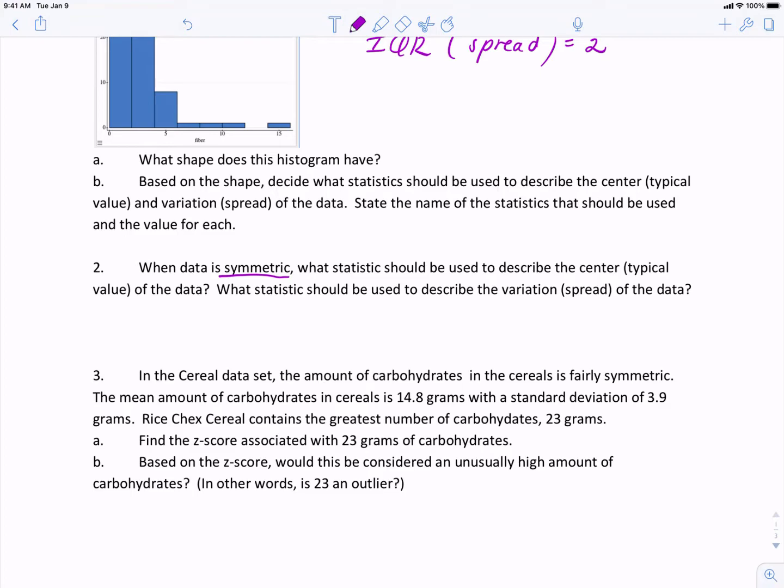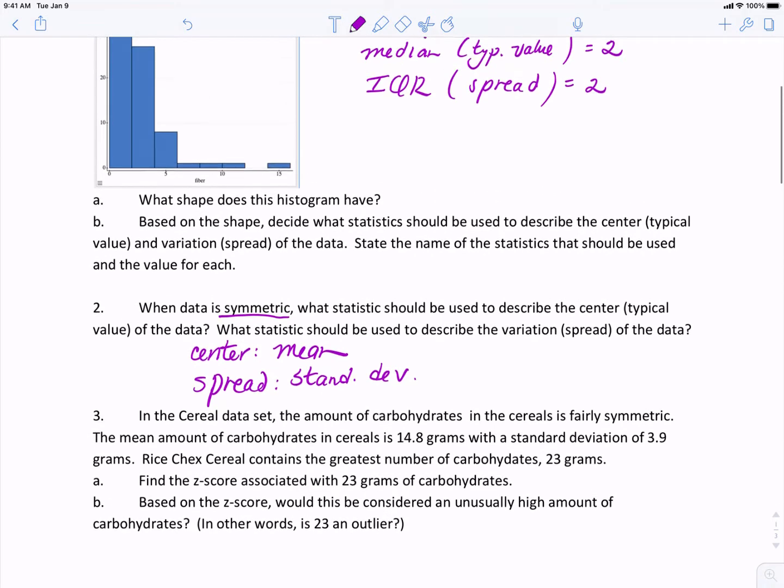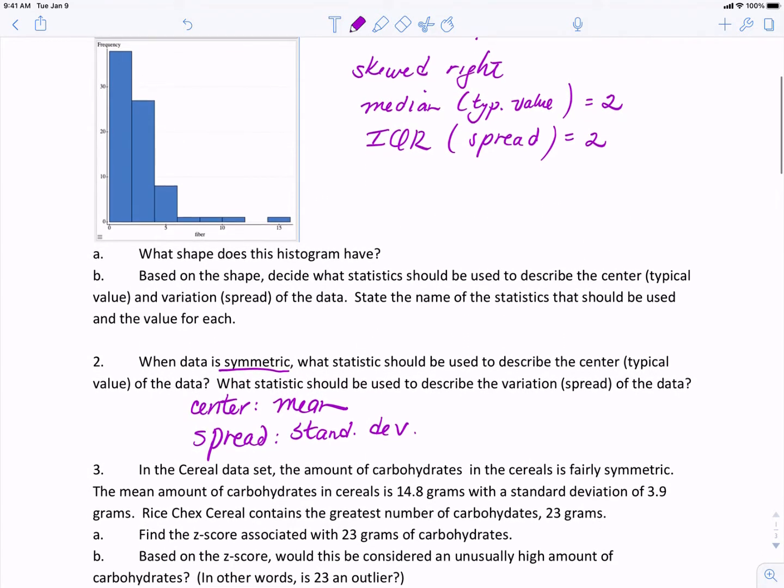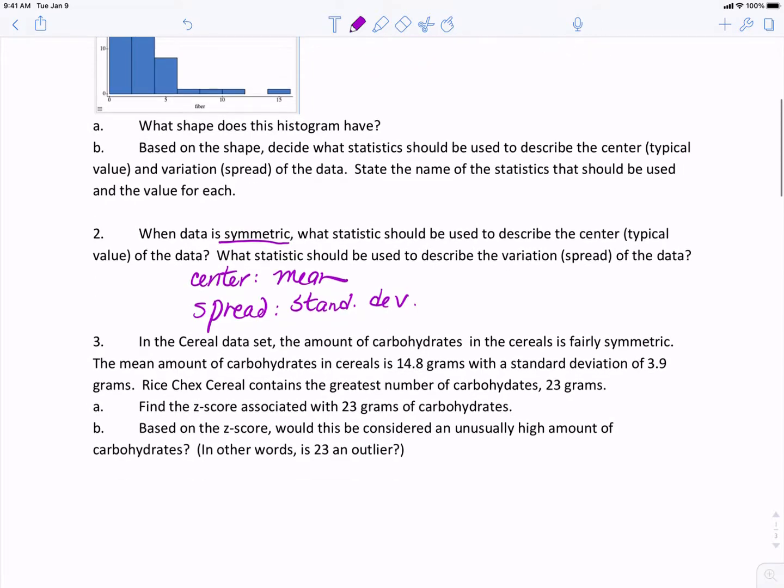So with symmetric data, we describe the center, or the typical value, using the mean, and we describe the spread, or the variation, using the standard deviation. It wouldn't be appropriate to use the mean or standard deviation to describe the fiber variable because it's skewed.